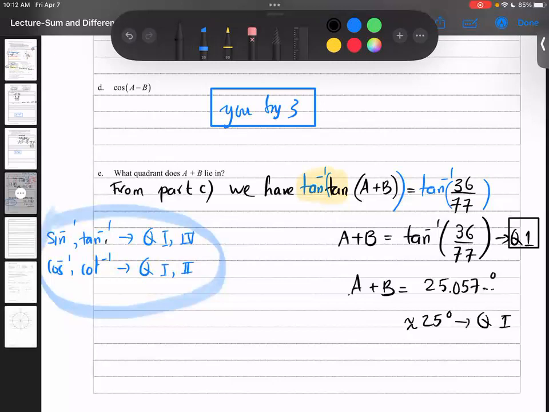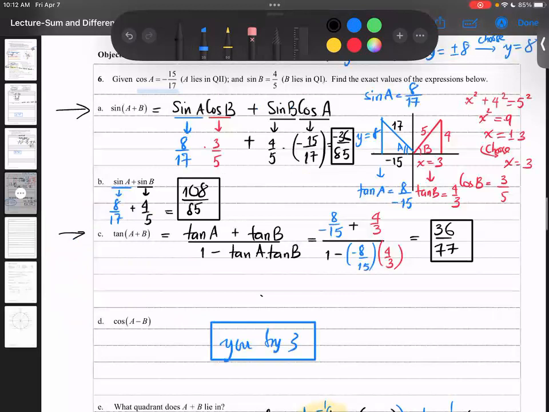So, like I said, you can use sine of A plus B as well. You should have the same answers as I do. Let me double check. Sine inverse of negative 36, something's wrong. No, you use tangent.